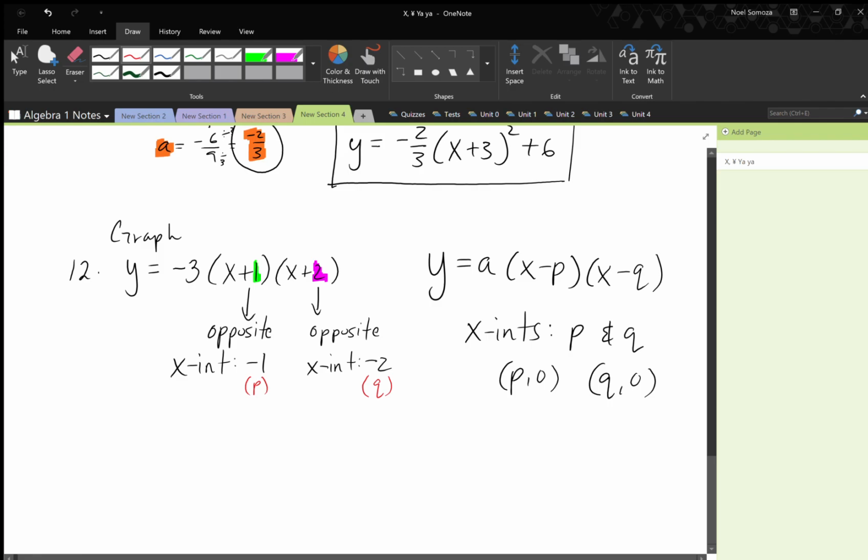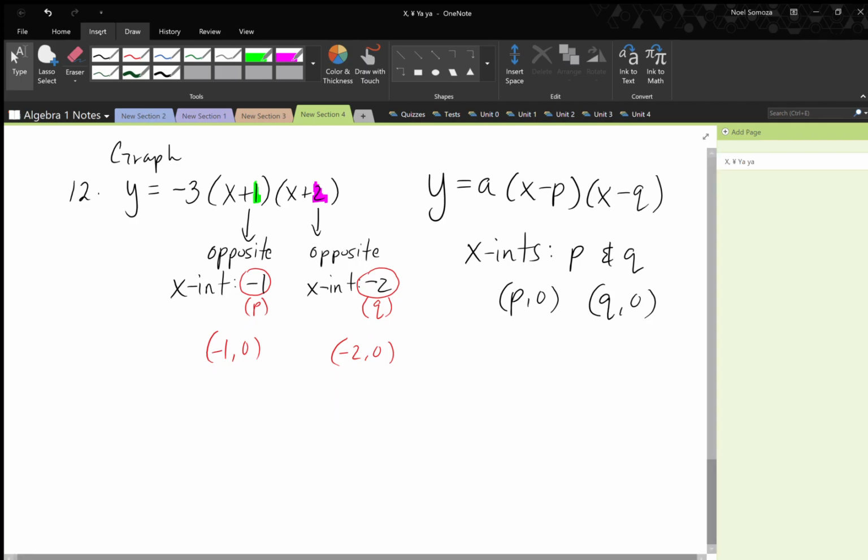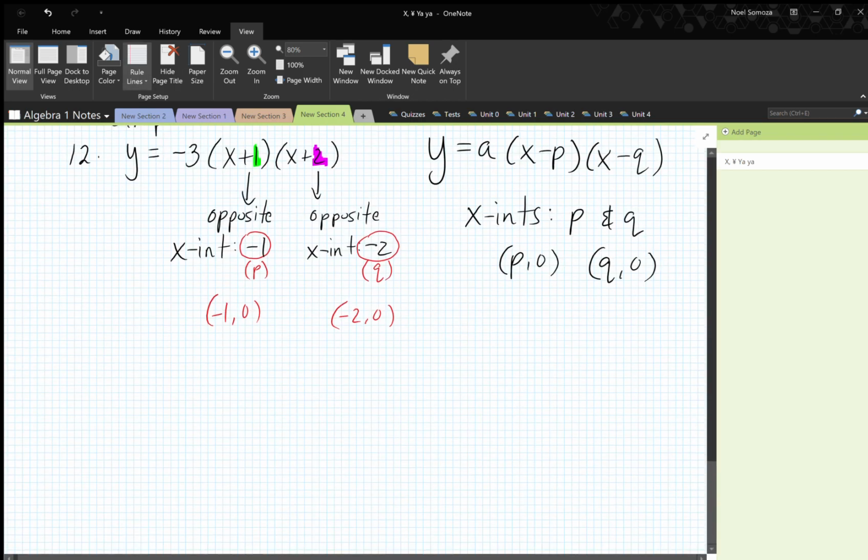Since you know that this is the x value, you can create a point that says negative 1 comma 0. That's going to be one x-intercept, and then for the other one you do the same thing and create a coordinate point, which is negative 2 comma 0. So if you were going to graph this, let me turn on the graph paper. If we were to graph this, we would plot two different points, negative 1, 0 and negative 2, 0.